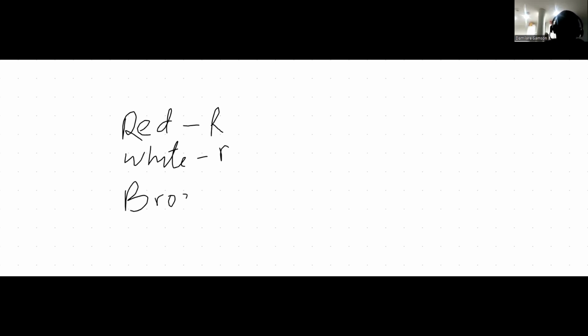So red, if you remember, they said capital letter R, which is red. They said the other one is white, if I'm correct, which will be small letter r. And they said the other one is broad, capital letter B. And I think the other one is narrow, I'm not very sure of that, which will be small letter b.